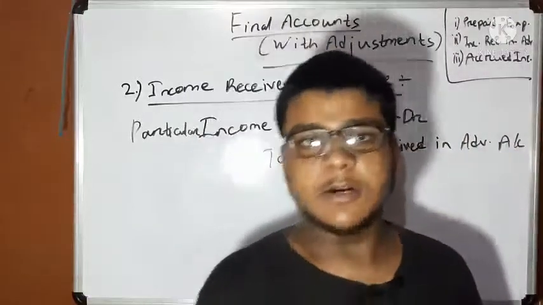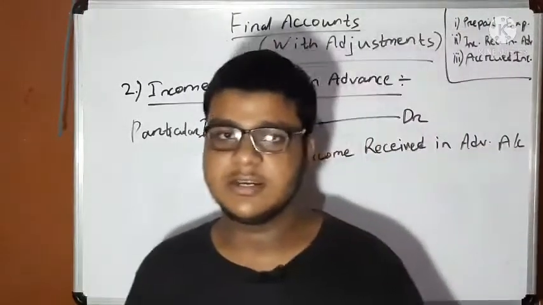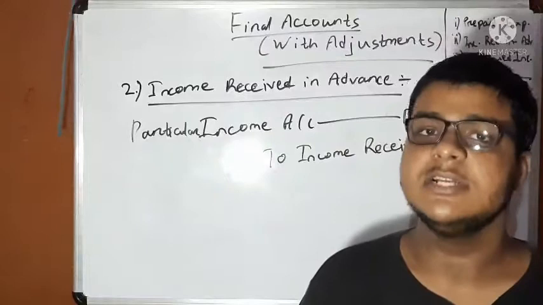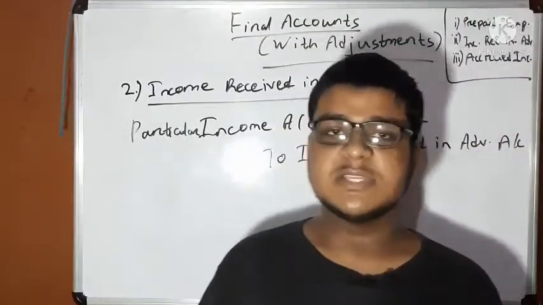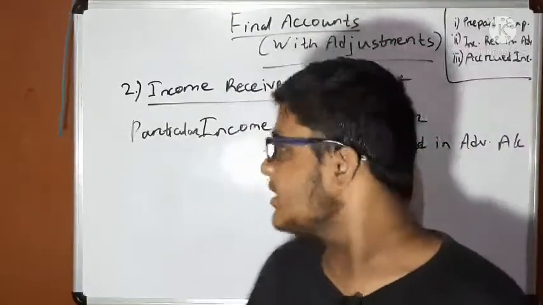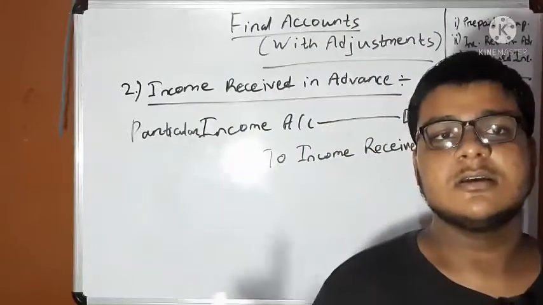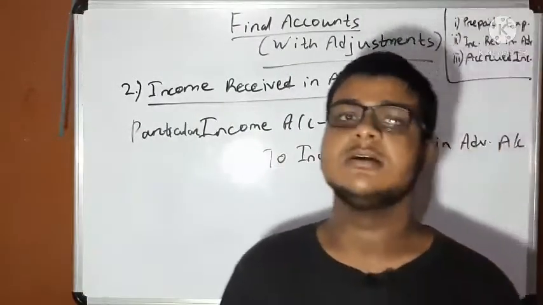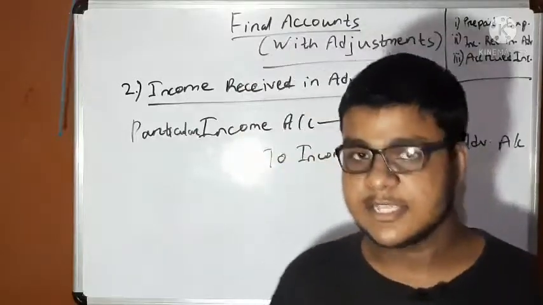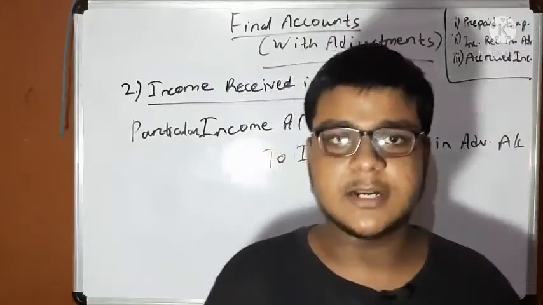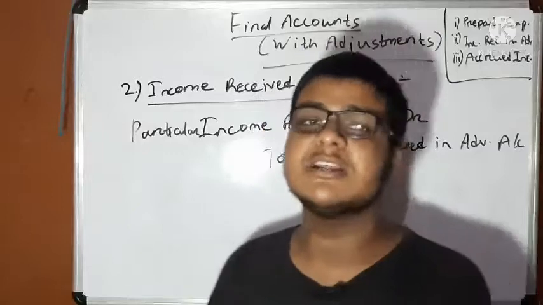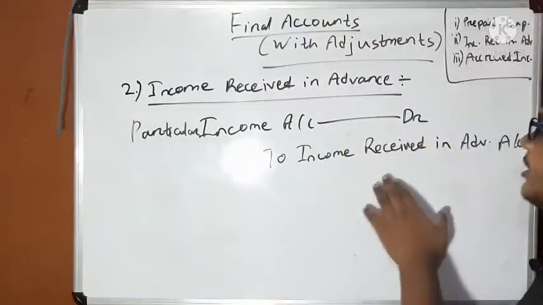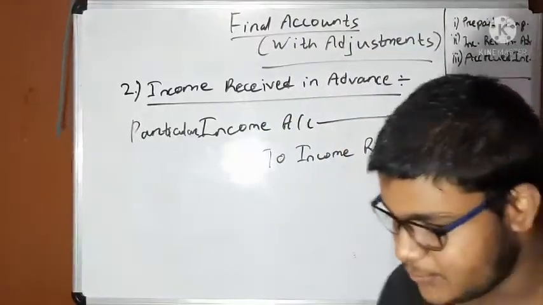We know that according to the golden rule of nominal account, debit all expenses, credit all gains. But here income is debited. Why is it debited? Because it is deducted. Why is that particular income deducted? Because of income received in advance.